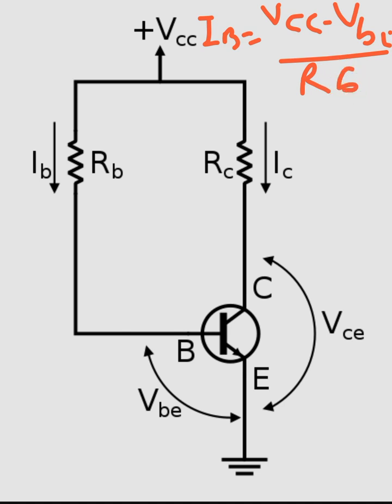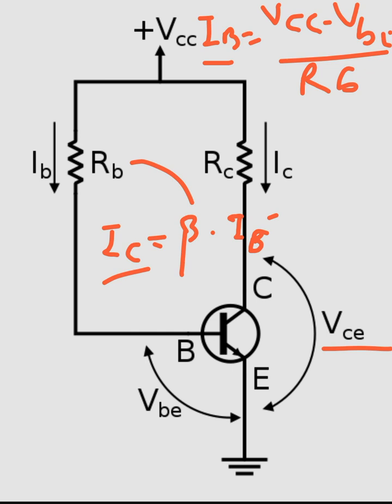This sets the value of IB. Since IB and IC are related, IC is given as beta multiplied by IB. We know that beta is the current gain of a transistor. Multiply it with the value of IB, and you get the value of IC. Similarly, you can calculate the value of output voltage VCE.